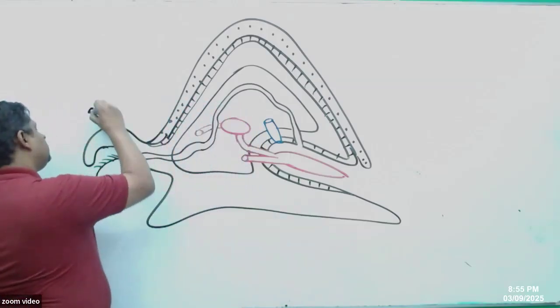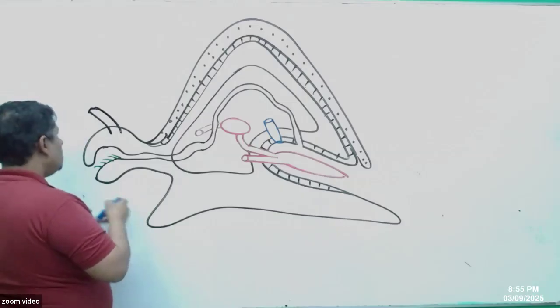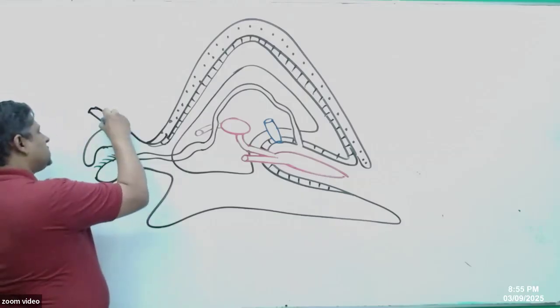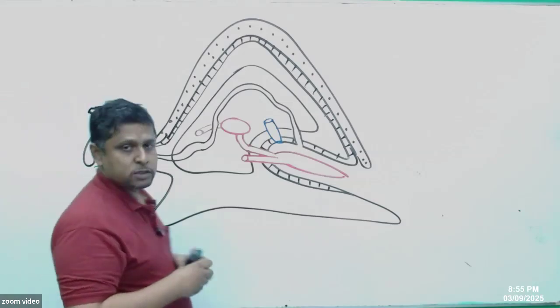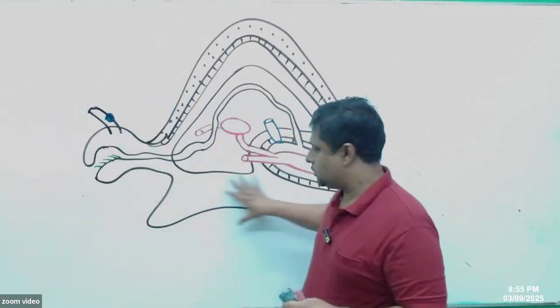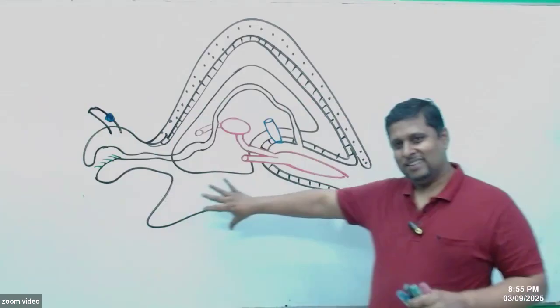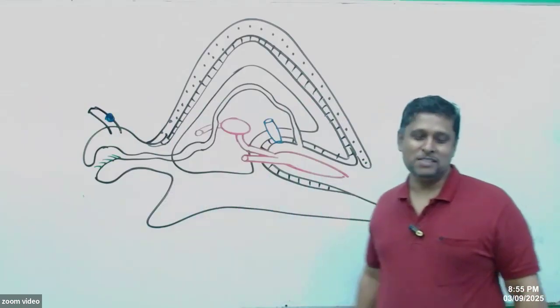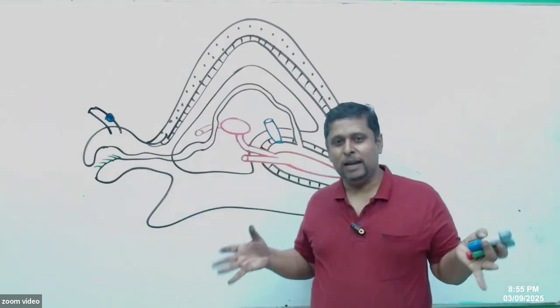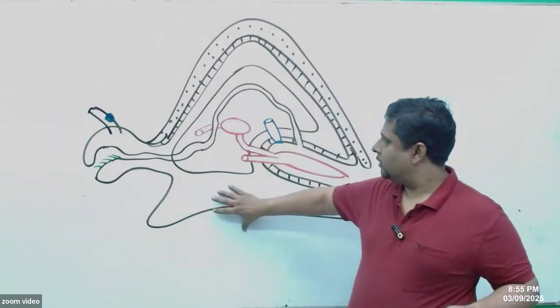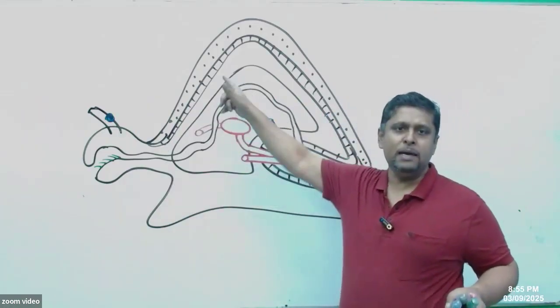Then some members have eyes, different types of eyes. Foot present. This is the foot. Right? Muscular foot present. So the body, if you take it, foot, visceral mass, and the pallium.